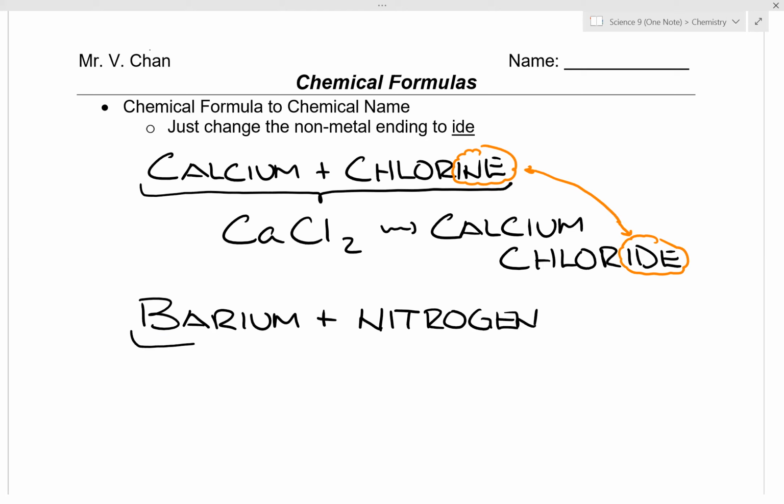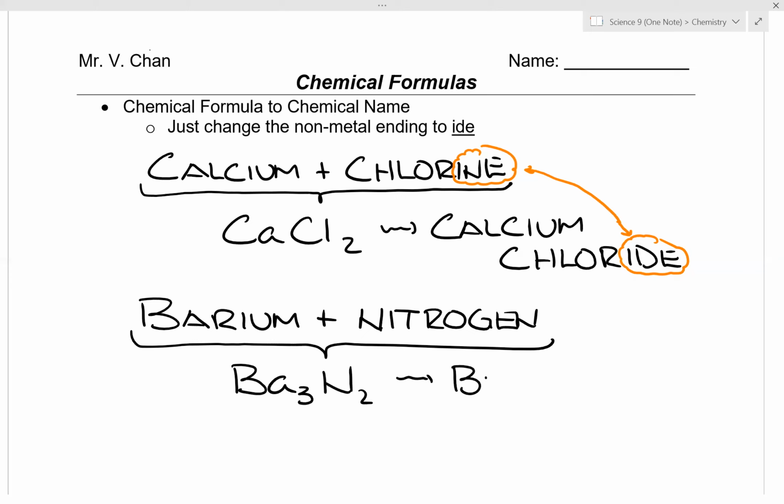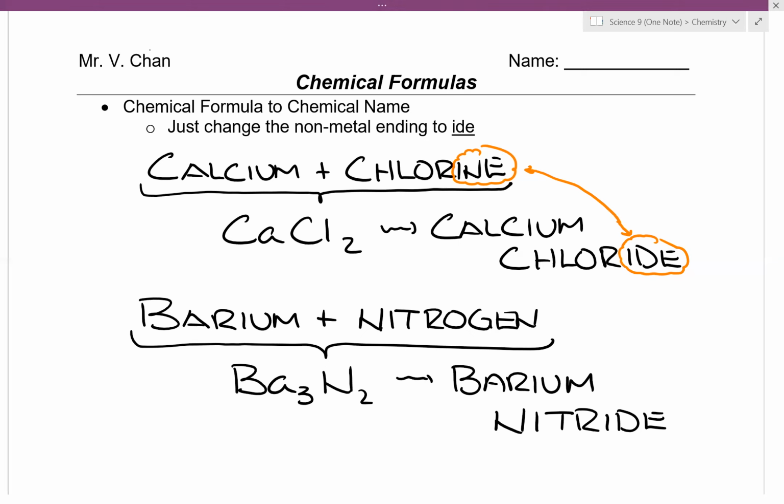In this particular case, we came up with the formula of Ba3N2. And the chemical name would be barium nitride. And again, notice I changed the ending to -ide.